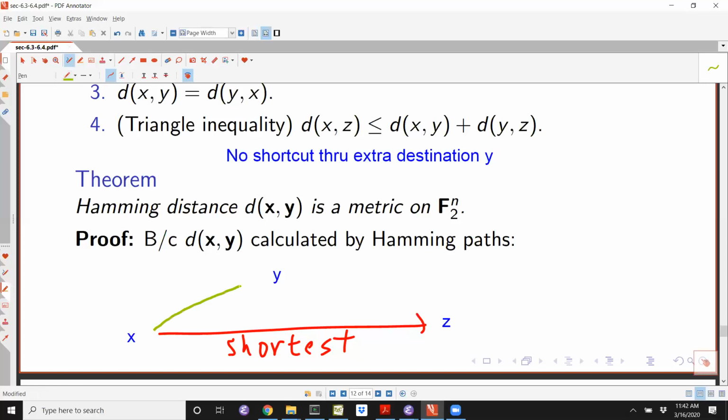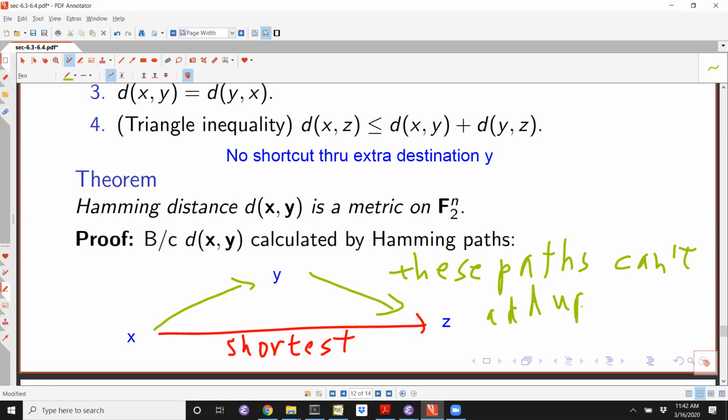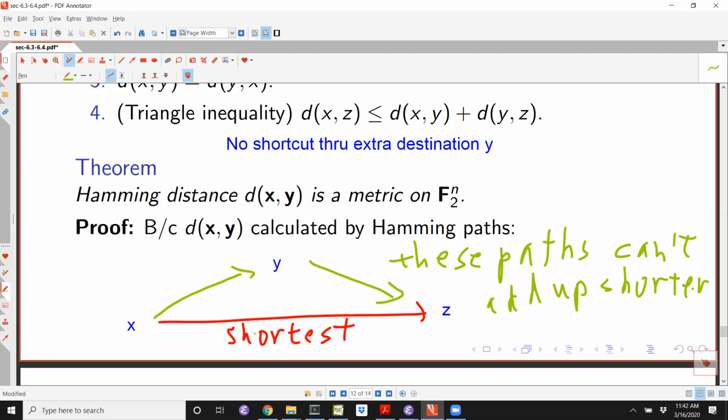So if I take this alternate green route from x to y to z, these paths can't add up to something shorter, because otherwise the red path would no longer be the shortest path from x to z.